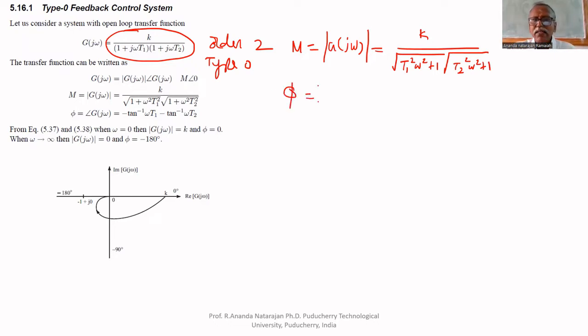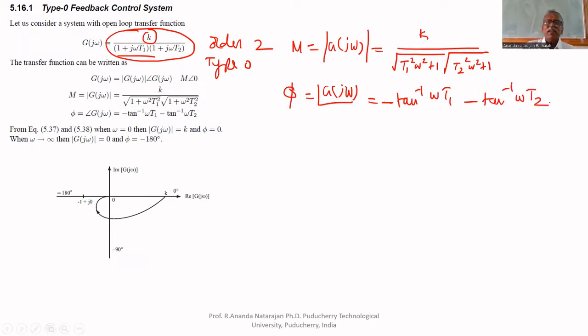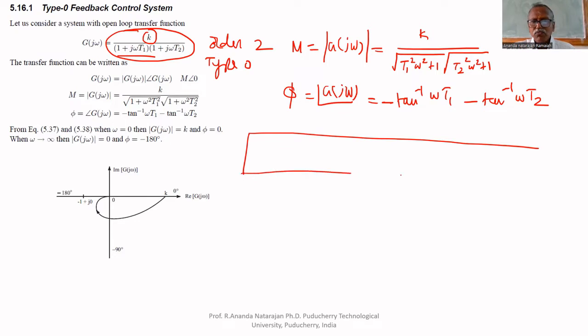Angle of G of j omega, that is phi, equal to angle of K, which is 0, minus tan inverse of omega tau 1 divided by 1, minus tan inverse of omega tau 2 divided by 1. That's all. If you want to plot this, we have to find angle and magnitude for various values.